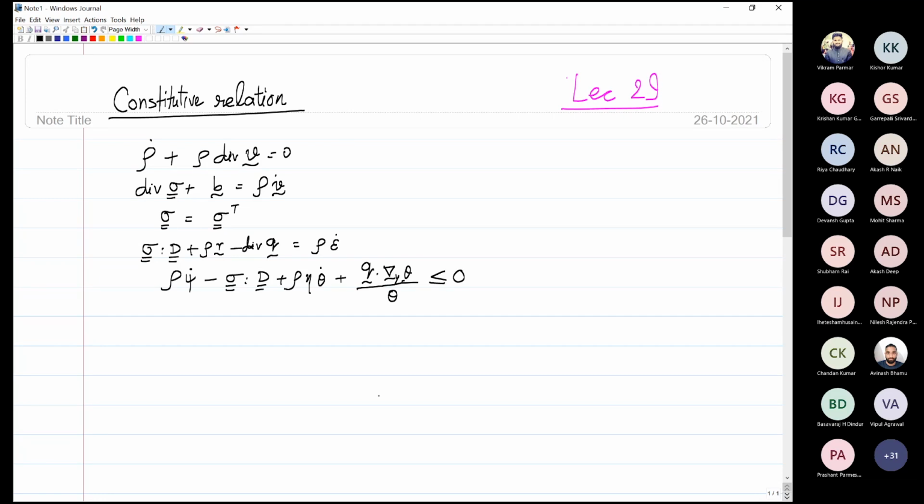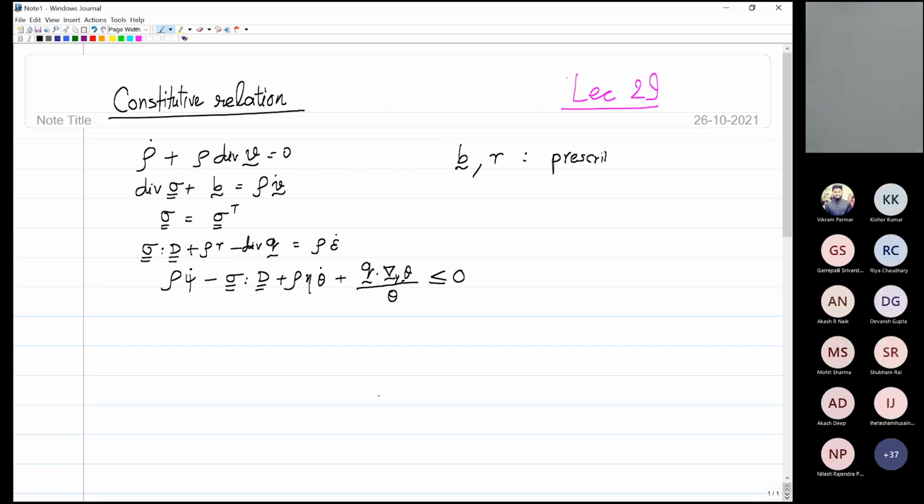If we look at what are the unknowns and what are the prescribed quantities, then B is something that will be prescribed externally. Likewise, small r, that's just a scalar, so that's going to be prescribed externally, and I guess nothing else. Then what are the unknowns?